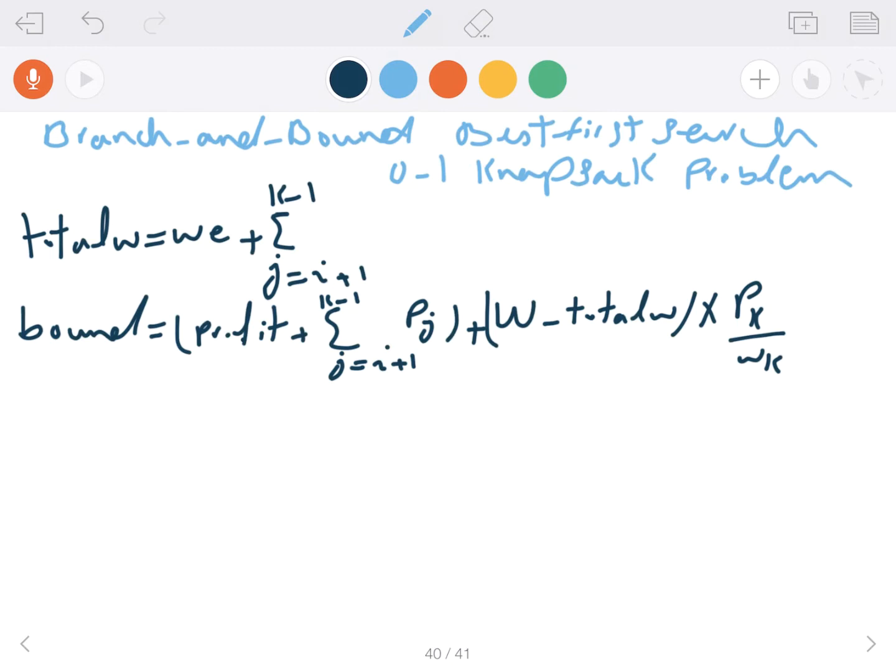So in the breadth first approach, we were going level by level, and row by row in the tree that we have to find the solution.